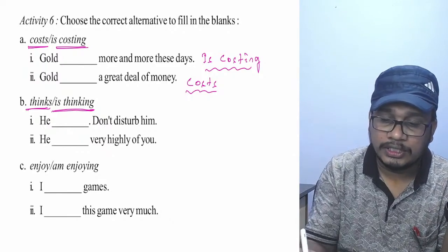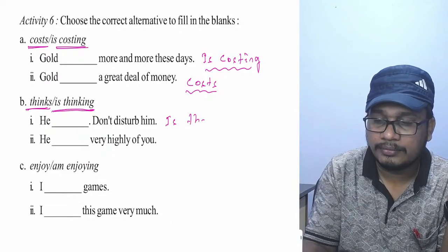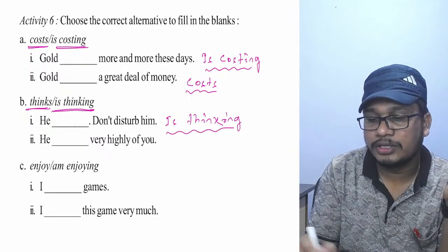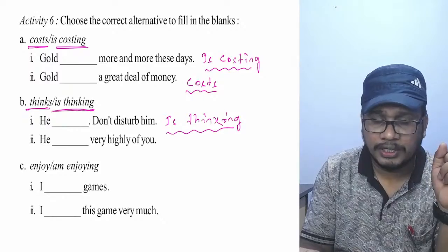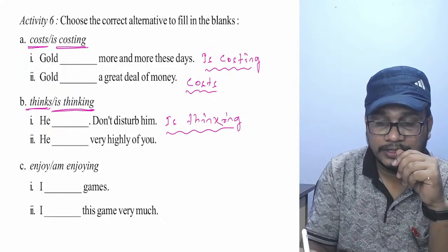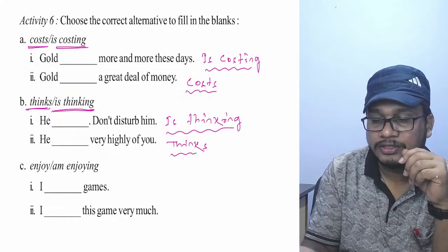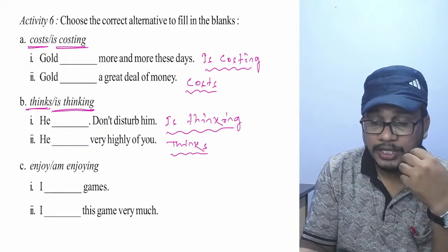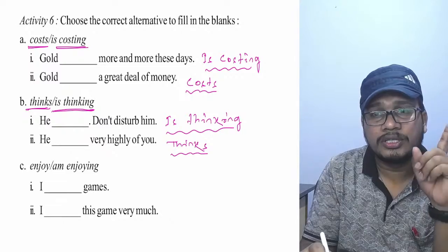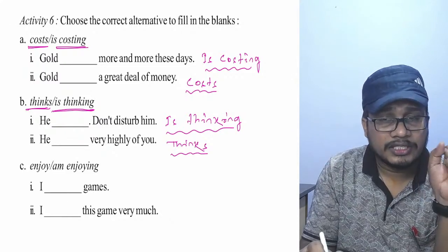So here he is thinking. This will be the answer. He is thinking because it's action oriented, it's dynamic. Next: He dash very highly of you. He thinks. Why do we use thinks? Because the subject is third person singular number, and in present tense the verb carries s or es with it.